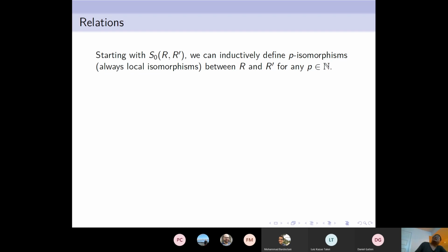So then, starting with this S0, we can inductively define P isomorphisms.